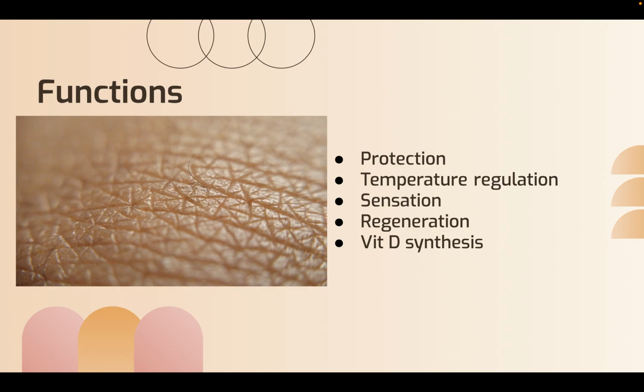Those thermoreceptors are responsible for telling your body when to dilate or constrict those dermal blood vessels. Our arrector pili pop up when we're cold. You have a synthesis of vitamin D, which is very, very important, which helps with calcium absorption.